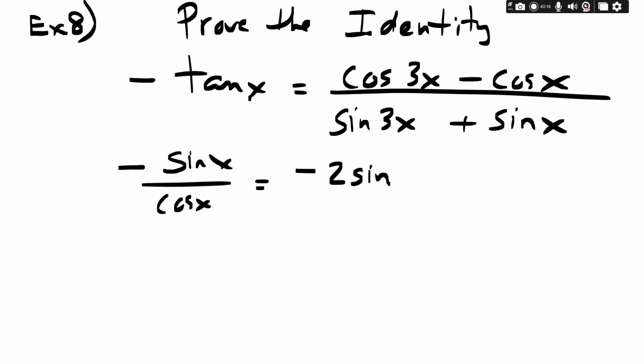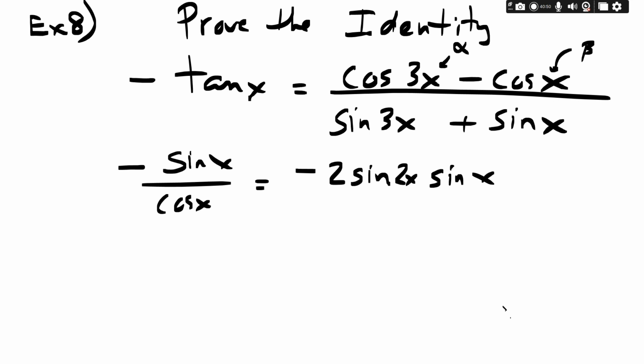So let's see, 3x plus 1x is 4x divided by 2 makes 2x. That's alpha and beta if you want to keep them in mind if you're looking at the formula there. And sine of, according to the formula, it's 3x minus x, which is 2x divided by 2, which is just x.